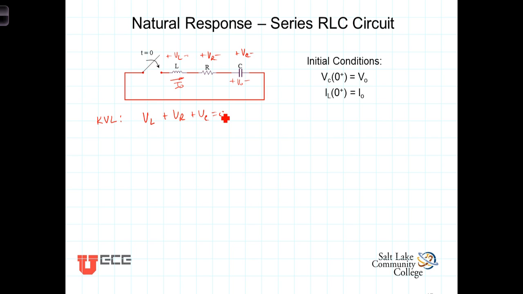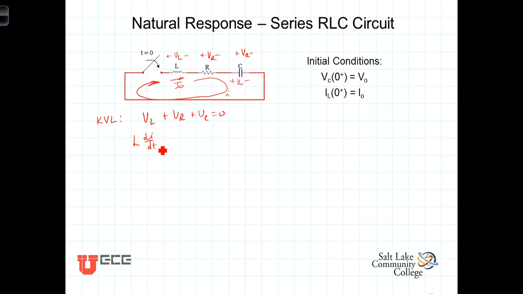Now, the voltage across the inductor in terms of the current flowing through this series connection is V equal to L times dI/dt.